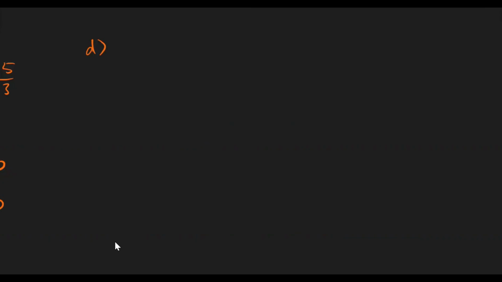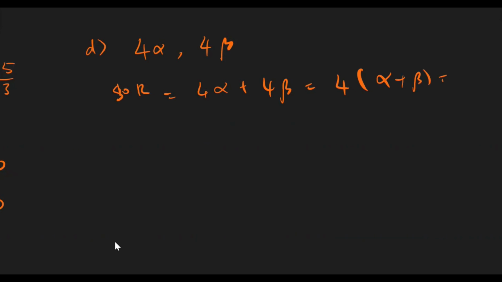Say we want to find a new quadratic equation with the roots 4 alpha and 4 beta. So the same thing, and this time I'm going to factorize out the 4 from here. So what is alpha plus beta? That is actually 5.